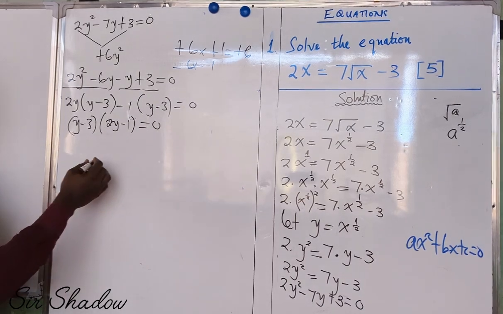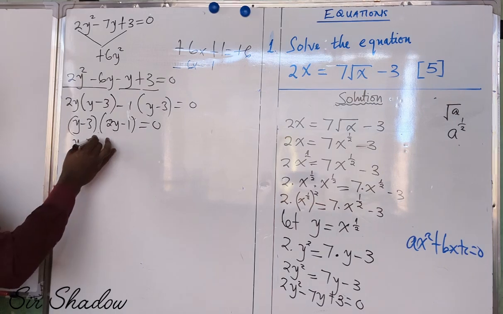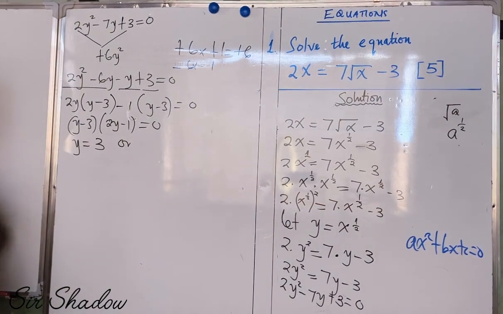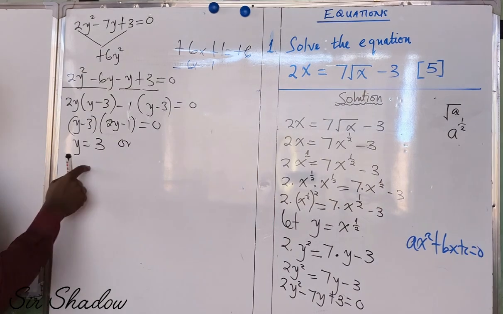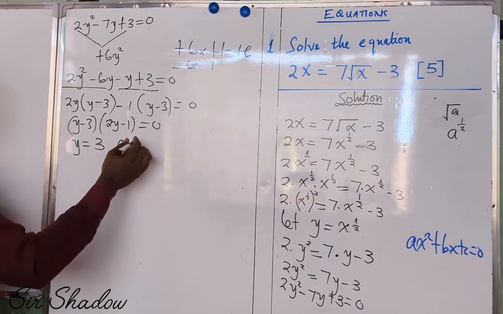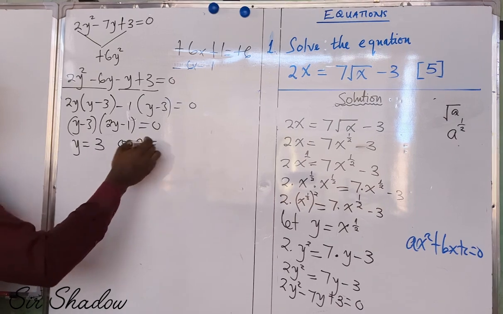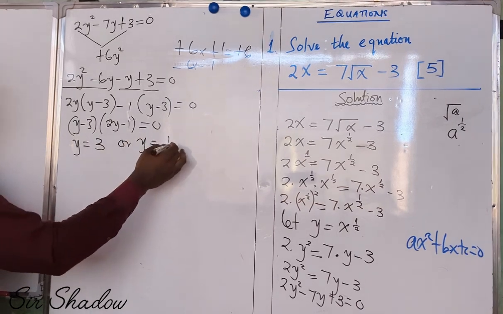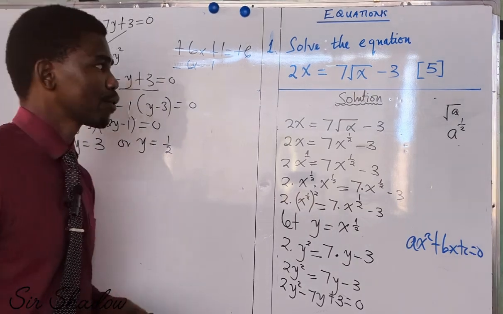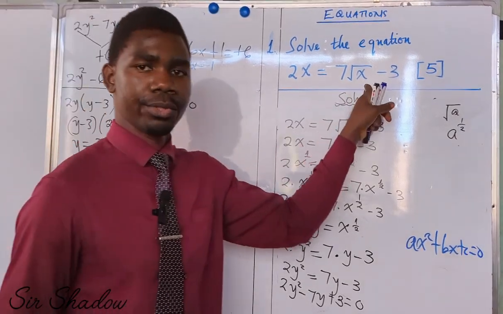So finding the possible values of y, you just equate y minus 3 equal to 0. You get y equals 3. 2y minus 1 equal to 0, so it becomes y equals a half. We are not yet done because we were asked to solve the equation involving the x values.